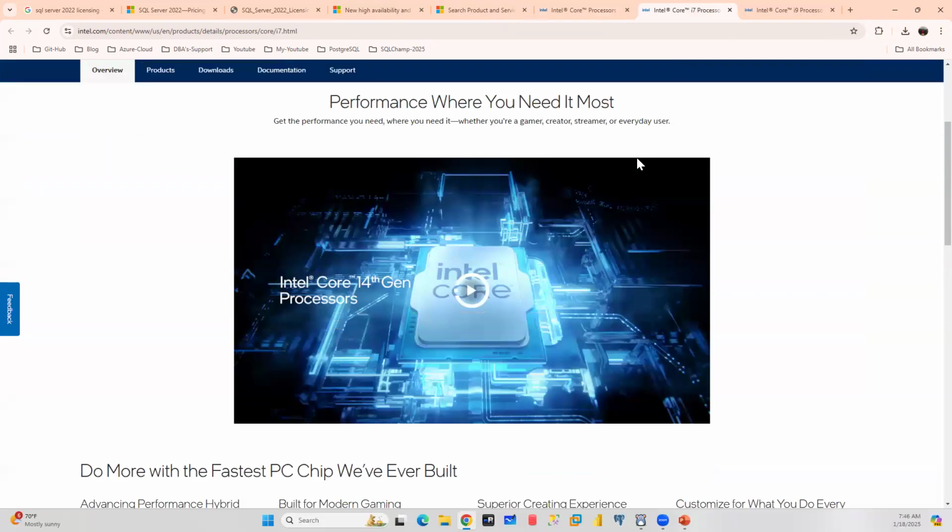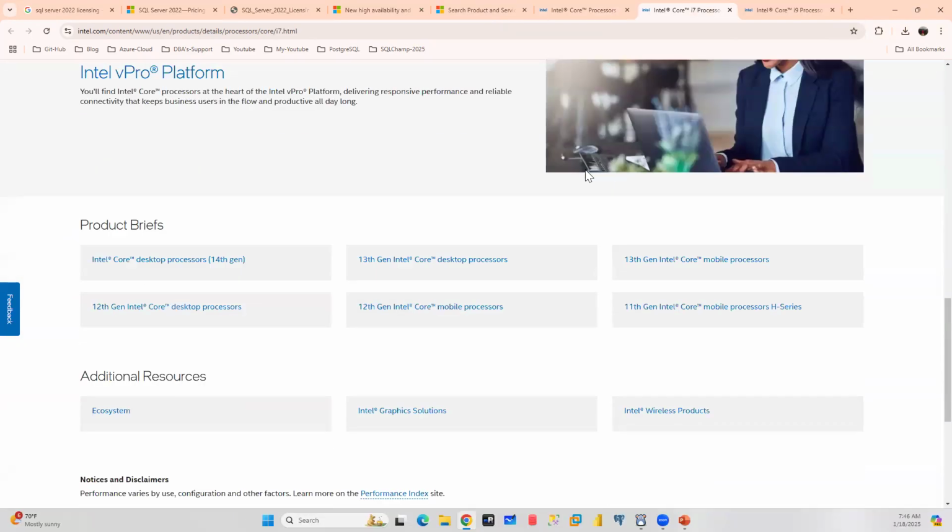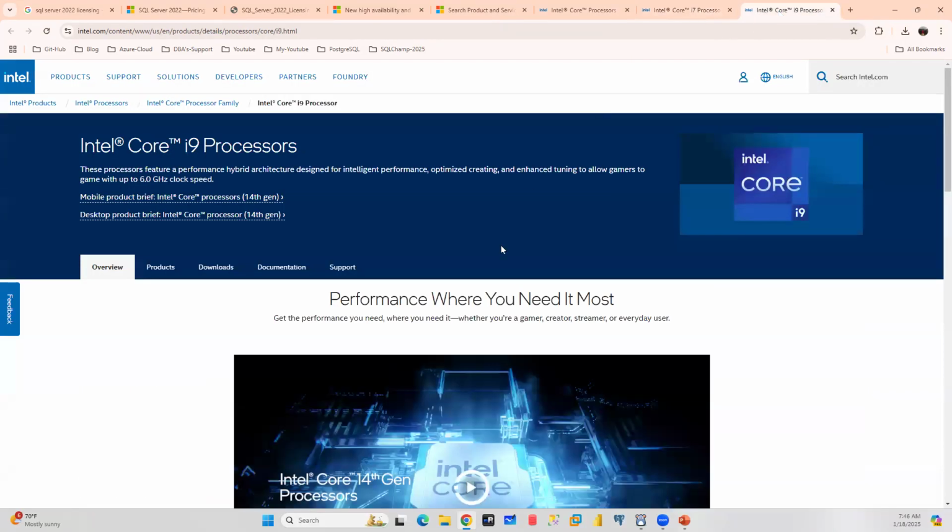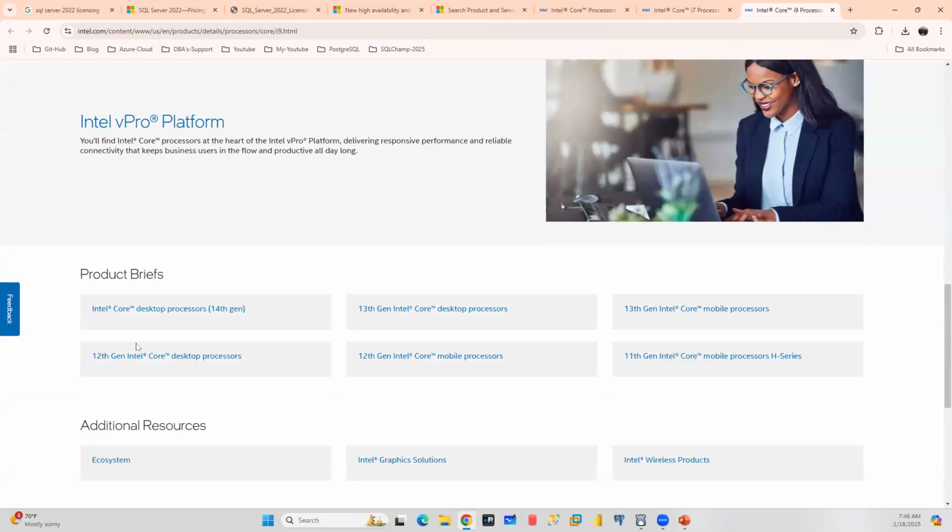When I go for i7 or i9, you will again see some generations, like 13th gen, 12th gen, 11th gen. You will see the H series, the P series, the high performance series, and other series here. Everyone able to hear, right?